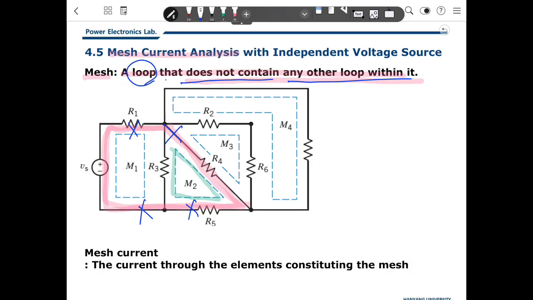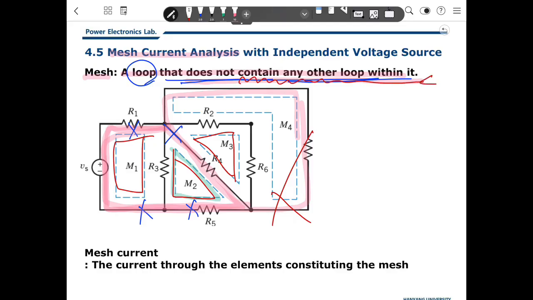Based on this definition, that cannot be a mesh. Why? There are several small submeshes in it. Okay? I will give you a very important thing: mesh does not contain any other loop in it. That is very, very important.